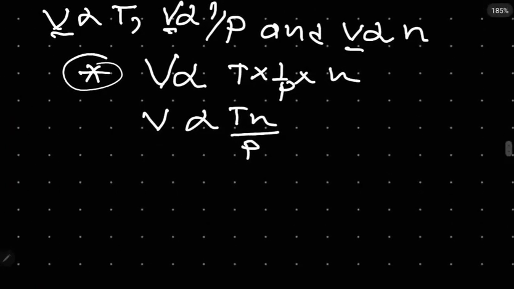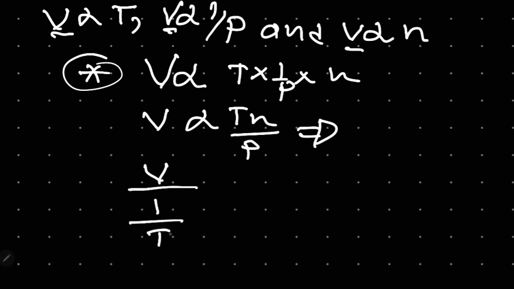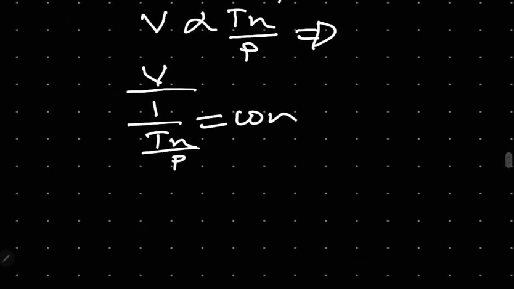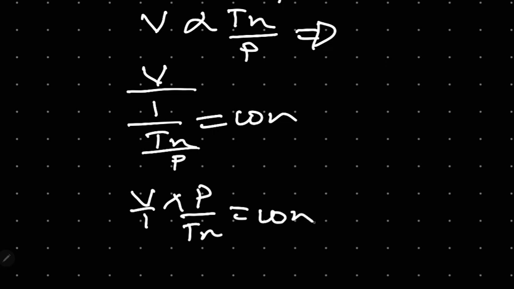All right. Now this is equal to what? This implies the volume divided by temperature times number of moles divided by the pressure must be constant. Okay, this must be constant.